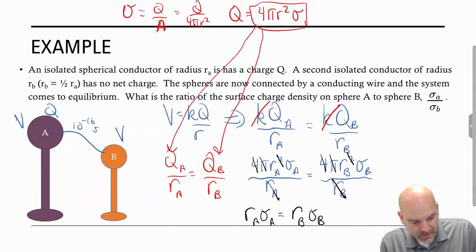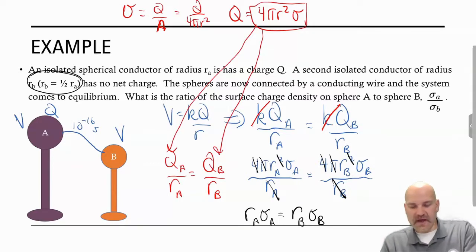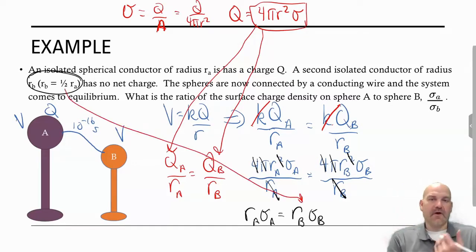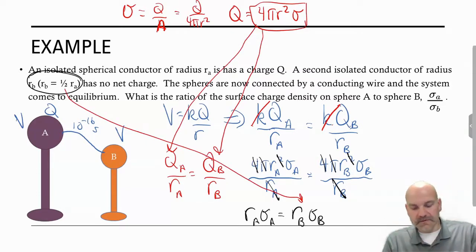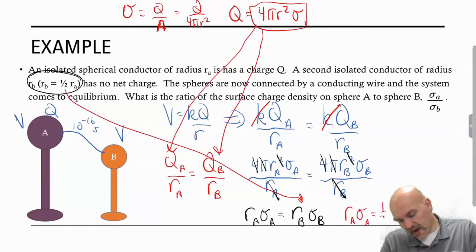Well, they tell us right here that RB is 1/2 of RA. So let's plug that in. Or I can go the other way, say that RA is double RB, whichever one you want to use. Okay. So we're going to say RA sigma A equals 1/2 RA sigma B. And what happens?